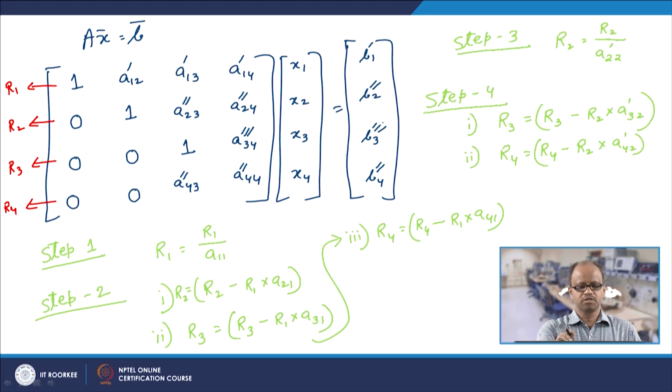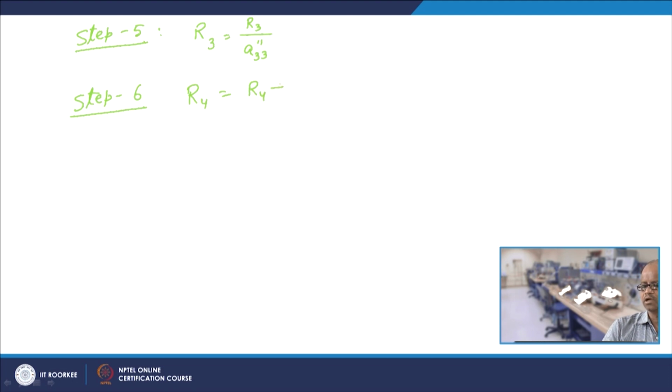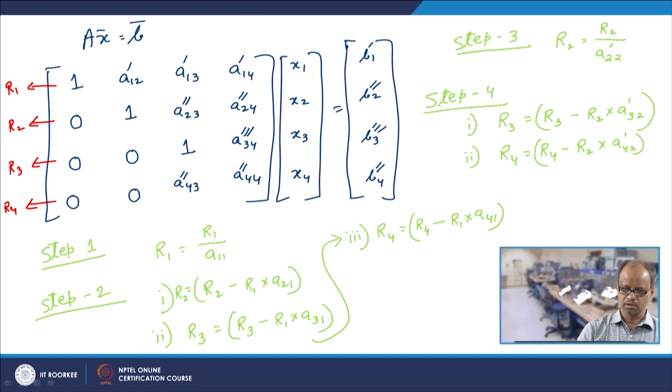And the last stage, step 6, what we do is R4 is equal to R4 minus R3 into A43 double dash.